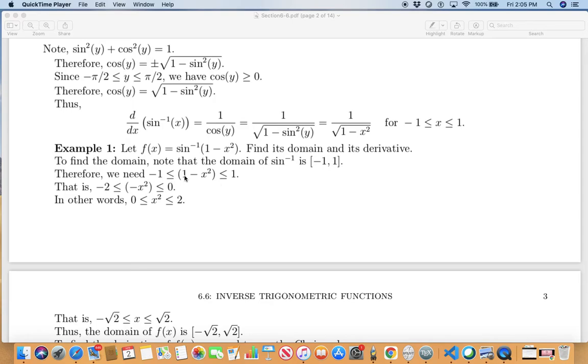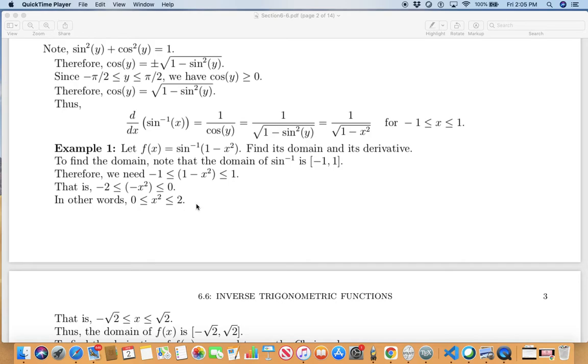If I subtract 1 from all sides, I get negative 2 less than or equal to negative x squared less than or equal to 0. Now, I don't want negative, so multiply throughout by negative 1 and the inequality flips. In other words, 0 is less than or equal to x squared less than or equal to positive 2.